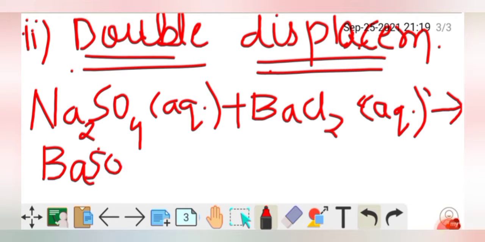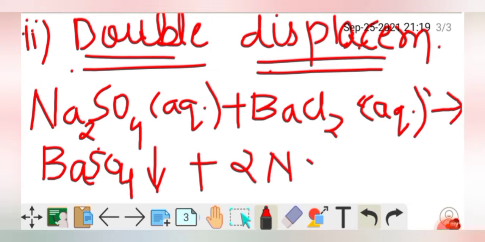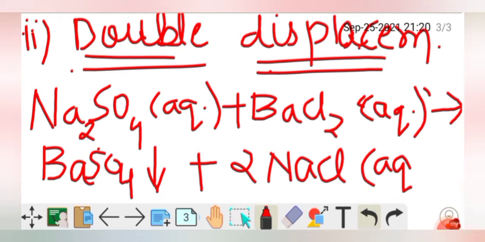It's better to go slow and understand everything. Barium sulfate, which is a white precipitate. So for precipitate you will write like this. Okay, white precipitate, this is the symbol for precipitate, plus 2NaCl, which is in aqueous form. So this is sodium chloride. So we will see how the definition works here.